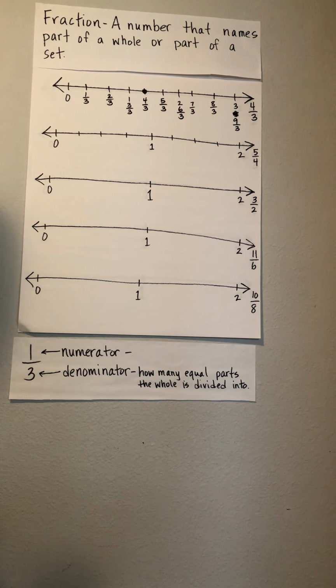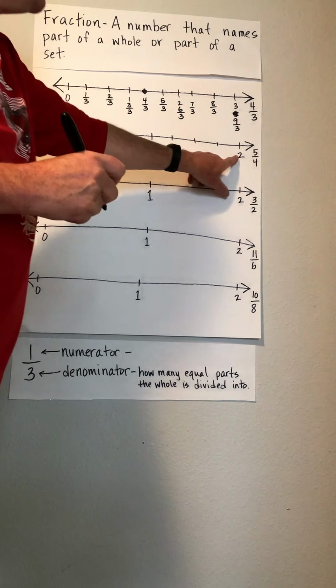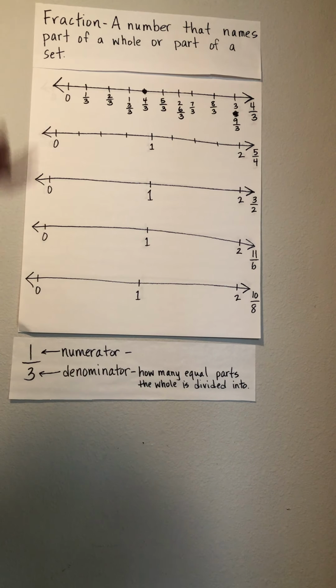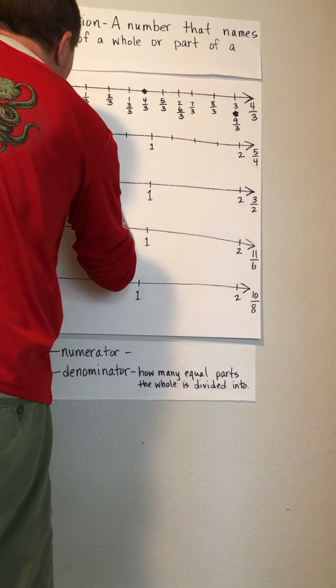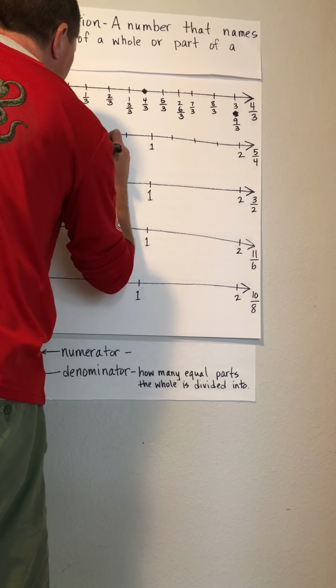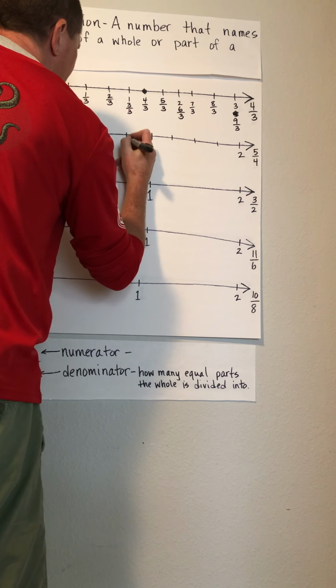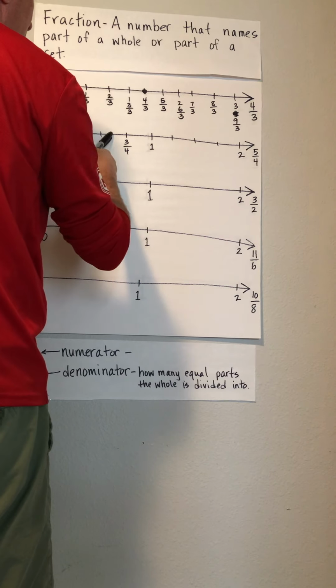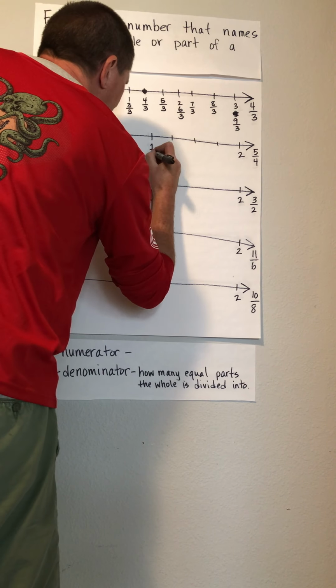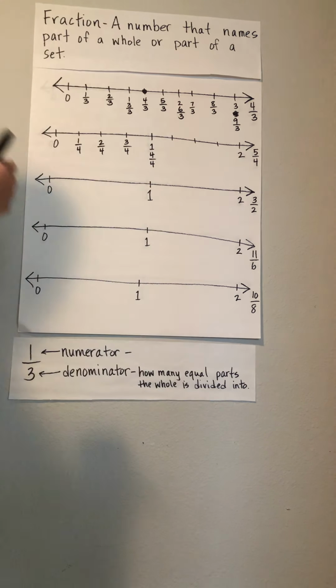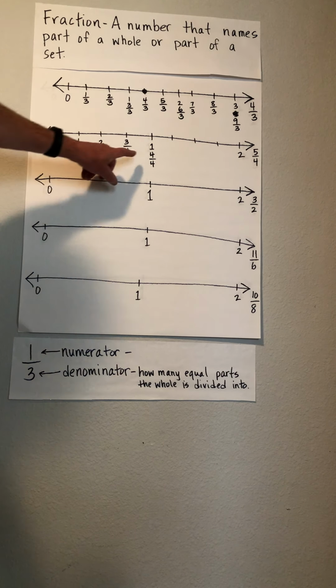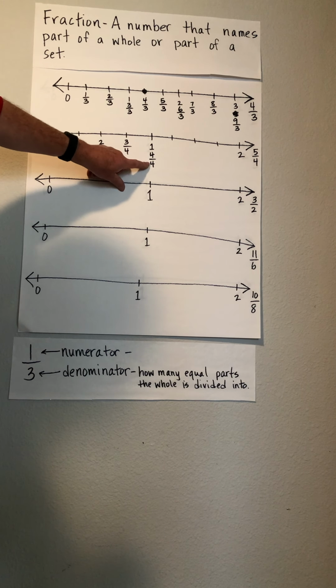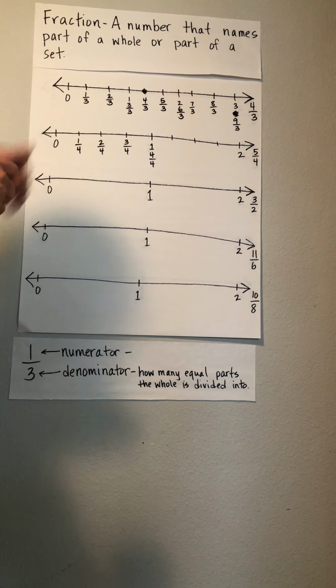4/4. Now I'm going to label all the way across, even when I come to 5/4. So we have 1/4, 2/4, 3/4, 1, 2, 3, and 1, which is the same as 4/4. Because we have 4 of the 4 equal parts. 1, 2, 3, 4.